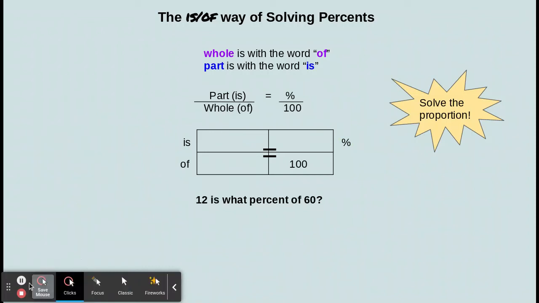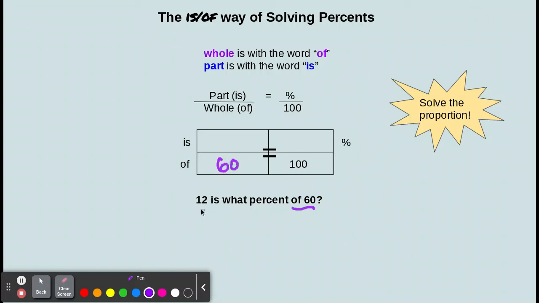All right, and then one last one, I guess. Here we have it, put this in here because it's worded just slightly different than the other ones. Again, looking for the words of and is and the percent sign. Of, we have 60. 12 is 12. What percent? There's no percent symbol in there, so that's our unknown.